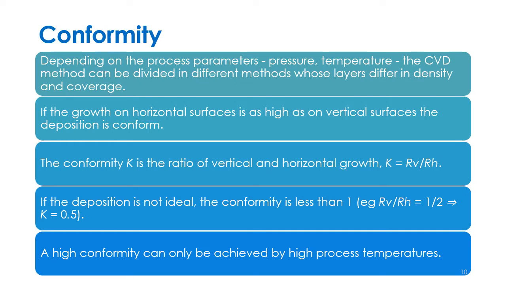If the deposition is not ideal, the conformity will be less than 1. For example, RV over RH equal to 1 over 2, which gives K equal to 0.5. So this one shows that it is not ideal. A high conformity can only be achieved using a high process temperature.